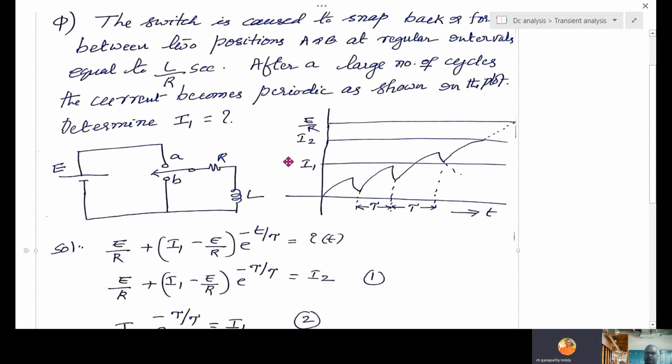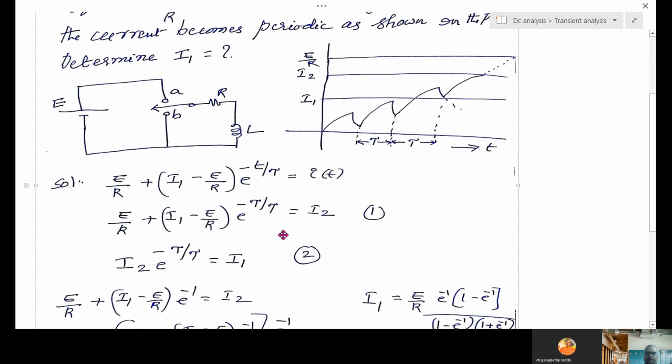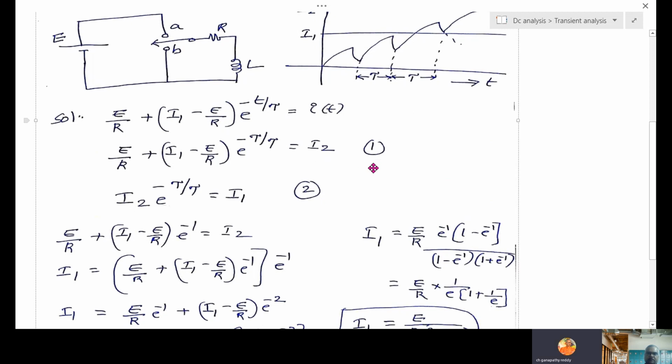So initial value I1, minus final value E by R, e power minus t by tau, gives I of t. Now at t equal to tau, same equation, I am replacing t with tau. At t equal to tau, it reaches the value I2. I of t is a general expression. At a duration of tau, it will reach the value I2. That is equation number 1.